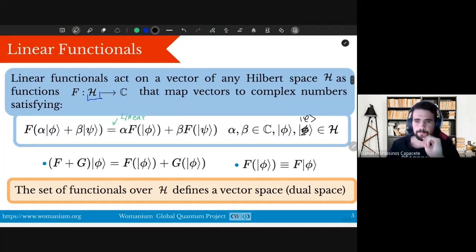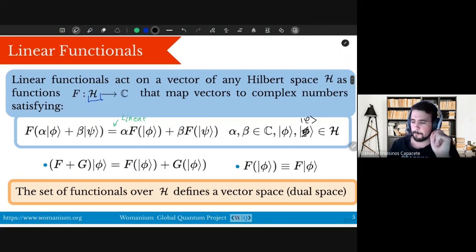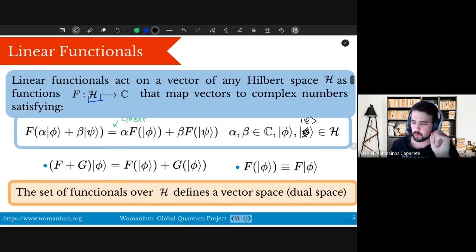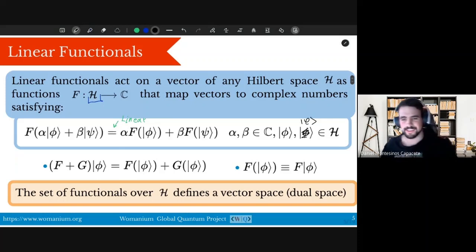Anyway, there is one curiosity or important idea that I will highlight. I'm not going to go into detail on this because it could get quite difficult, or confusing. But you can also make another vector space out of your linear functionals.